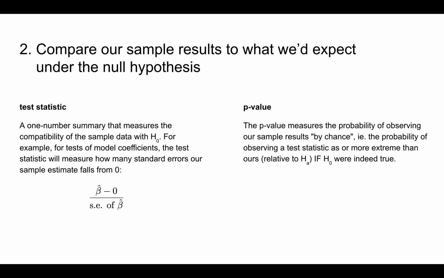Further, a p-value measures the probability of observing our sample results by chance. That is, the probability of observing a test statistic or a sample estimate as or more extreme than ours, if in fact the null hypothesis were true. And here, as or more extreme is defined relative to the alternative hypothesis. In our example, extreme meant far above 0.